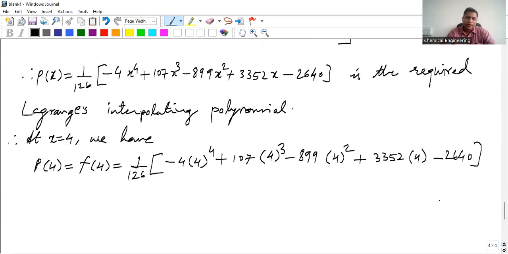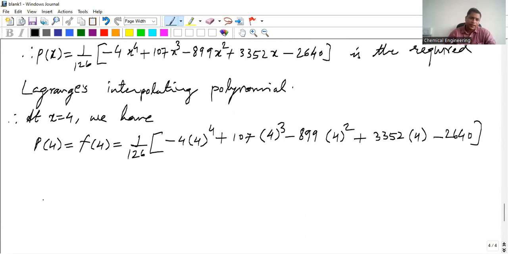So this you can evaluate in one line using the calculator. So what is the value of the polynomial at x is equal to 4, or what is the value of f of 4? 17.52.